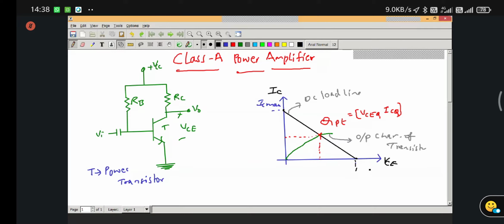So I'm going to verify whether we are getting the complete cycle of the input at the output or not. So here we are given that the Q point is on the middle of the DC load line. Please observe here.